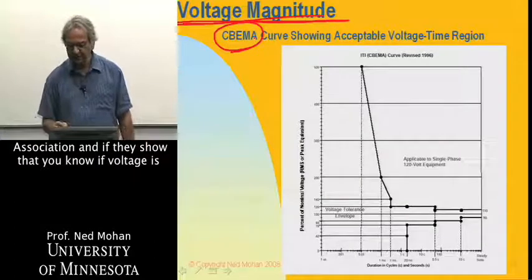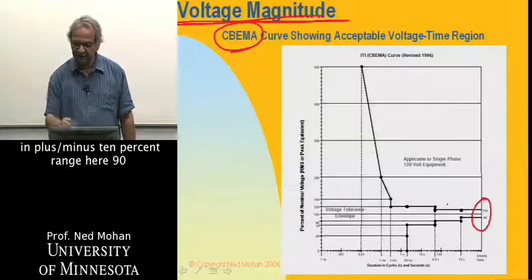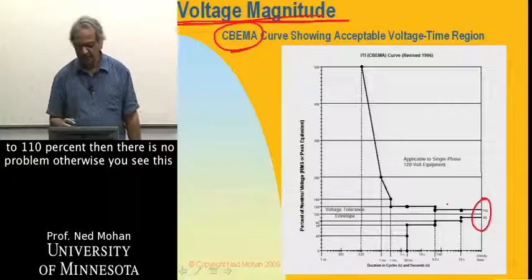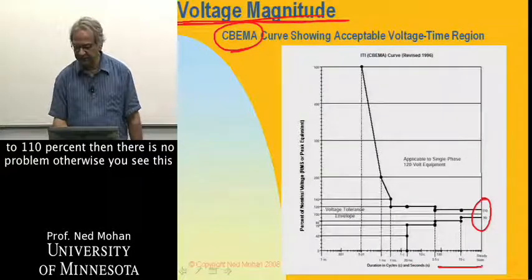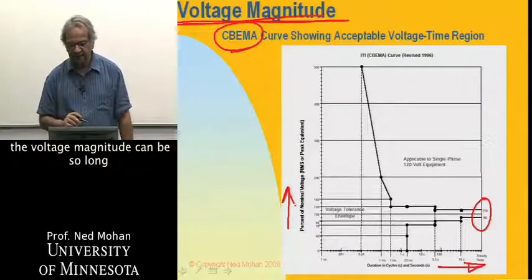And they show that if voltage is in the plus minus 10% range here, 90 to 110%, then there is no problem. Otherwise, you see this is the time scale over here. This is the magnitude.